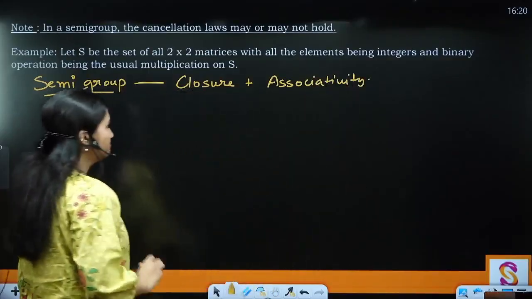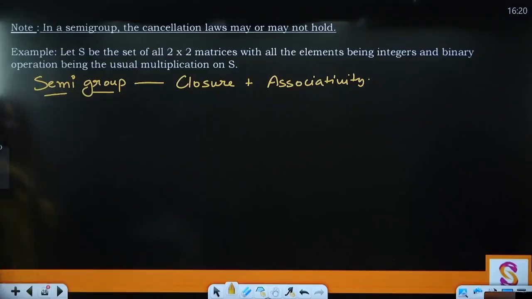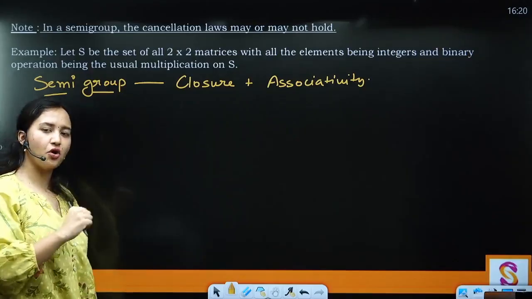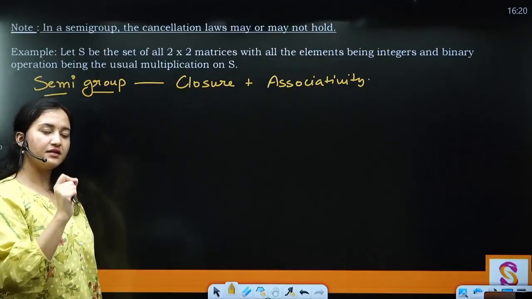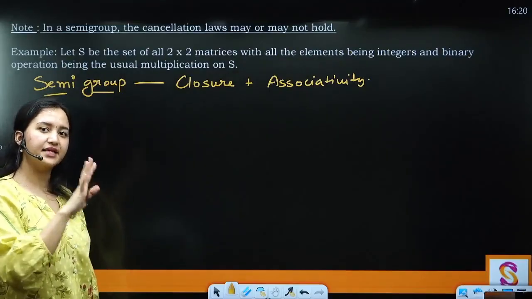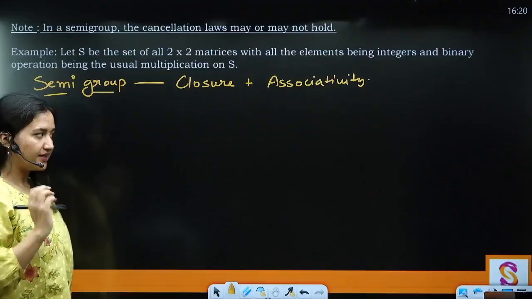Now one example: let S be the set of all 2 cross 2 matrices with all the elements being integers and the binary operation being the usual multiplication on S. Can we take an example from this set where the cancellation laws are not going to hold?